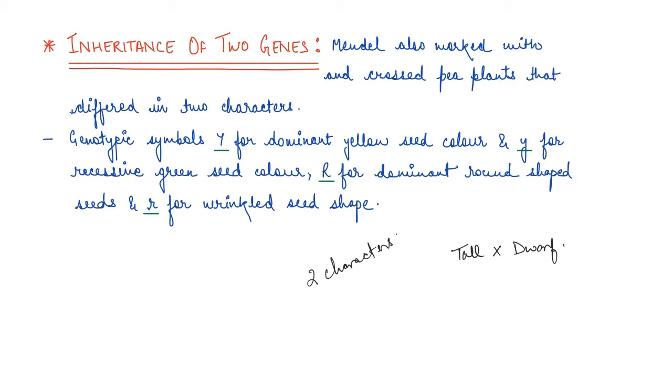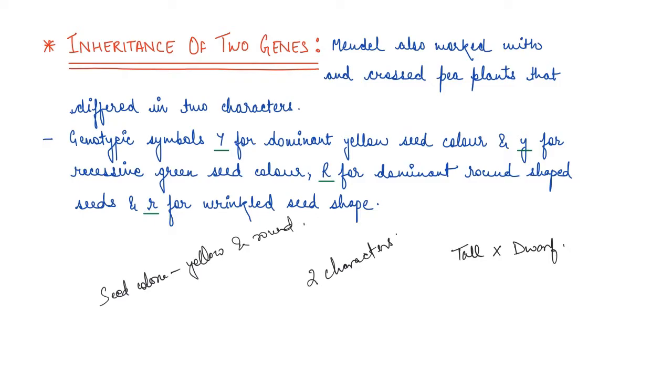So how he did it is, say for example, in a pea plant, basically the seeds, there can be a pea plant with seed color yellow, and the seed would be round.